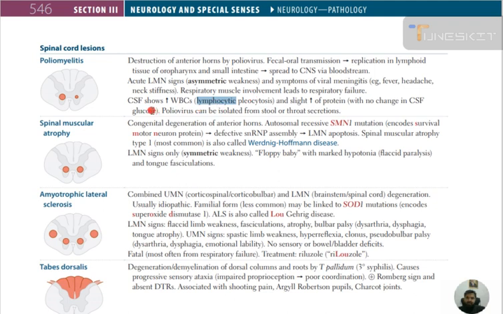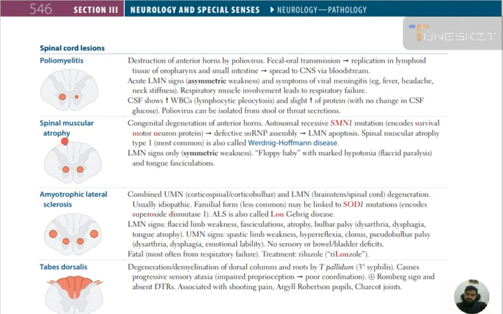So glucose will have no change in the CSF examination. Poliovirus can be isolated from the stool or throat secretion. As this is fecal-oral and the virus gets in the GIT tract, there is a remnant of the virus in the stool and throat secretion, as we know that replication occurs in the oropharynx and small intestine.